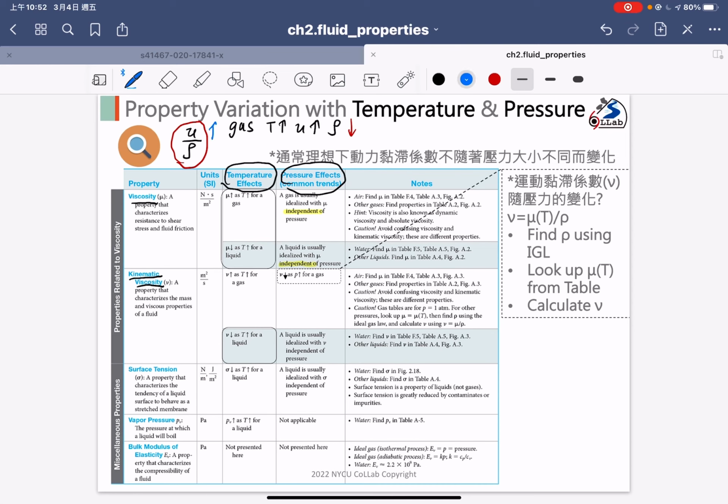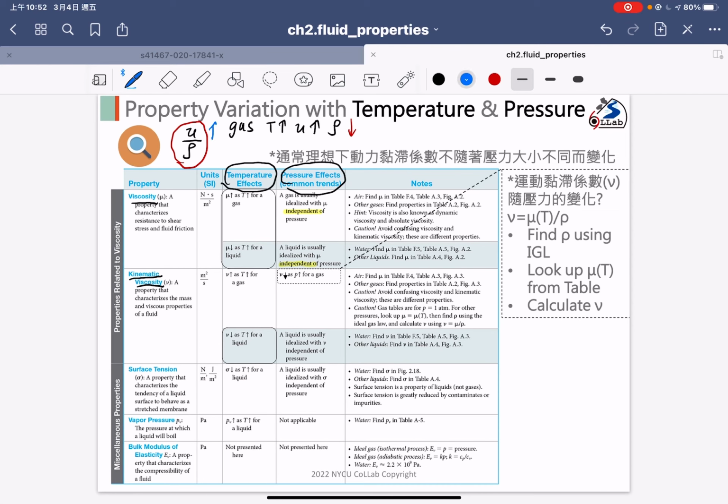So you see here, for the gas, the kinematic viscosity will increase. Okay, this is for the gas. But if we look at the liquid here, as we know, for the liquid, when the temperature increases, the mu will decrease.